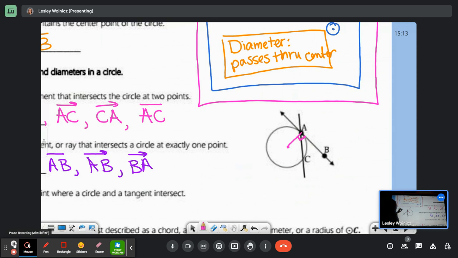So tangent line is perpendicular to radius at point of tangency.